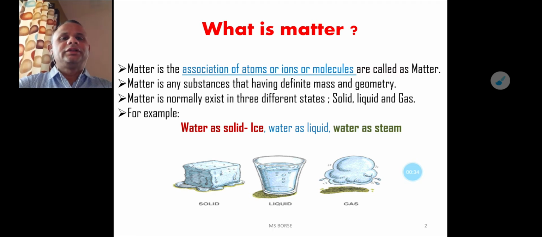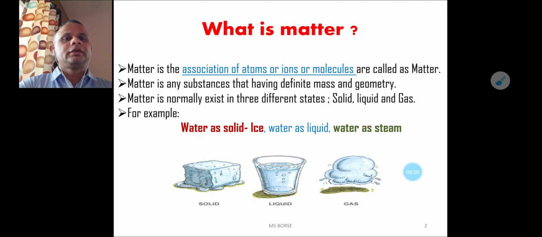Matter is anything around us having definite geometry and mass. In simple language, we know the atoms in the reduced form, for example copper, iron, or molecules. For example, two atoms form a chemical bond to form a molecule, like H2O, that is two hydrogens combined with oxygen to form water.